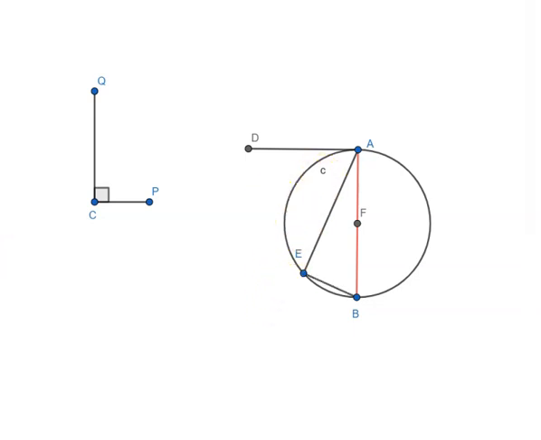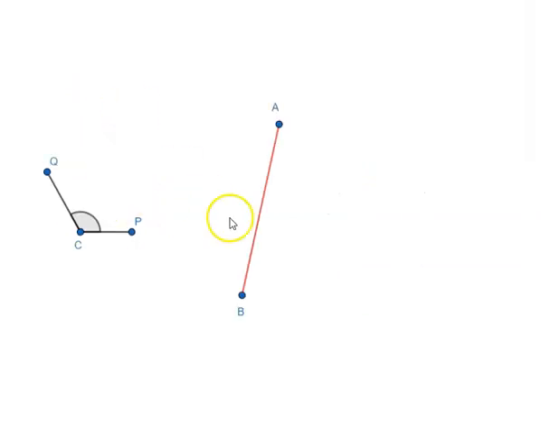Then you will notice that angle PCQ has been copied here at A, and this is an angle which is on a semicircle. So angle on a semicircle is always a right angle. That means angle AEB is equal to PCQ. So we have constructed a circular segment AEB, which contains an angle equal to PCQ, or a given angle.